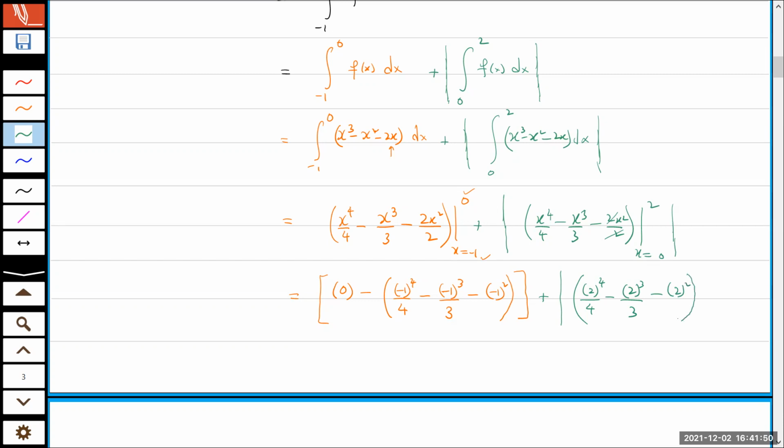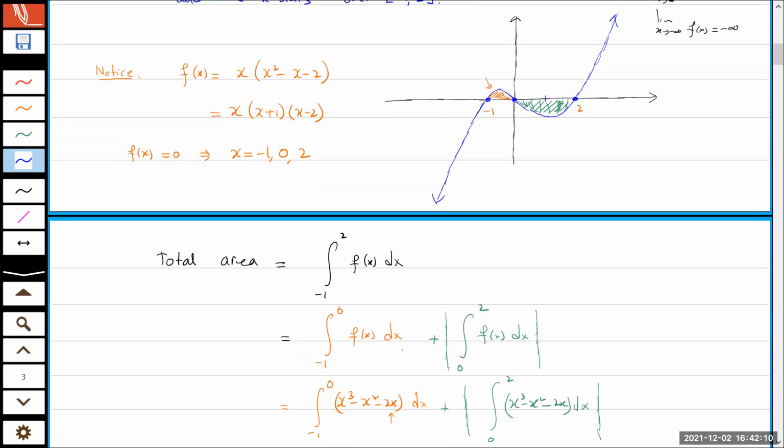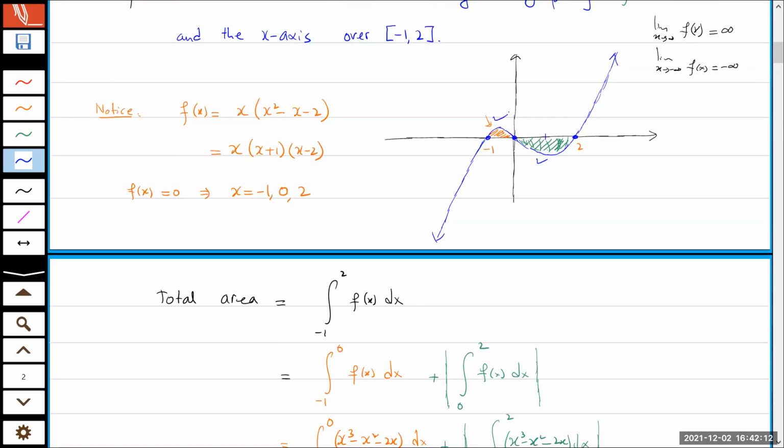This is my antiderivative at the upper limit. I know at the lower limit, everything is 0, and then the absolute value. Now, when you simplify and add them together, it all sums to, in the end, 37 divided by 12. And it's the total area, the green shaded part right here, plus the orange part. And that's what we want.